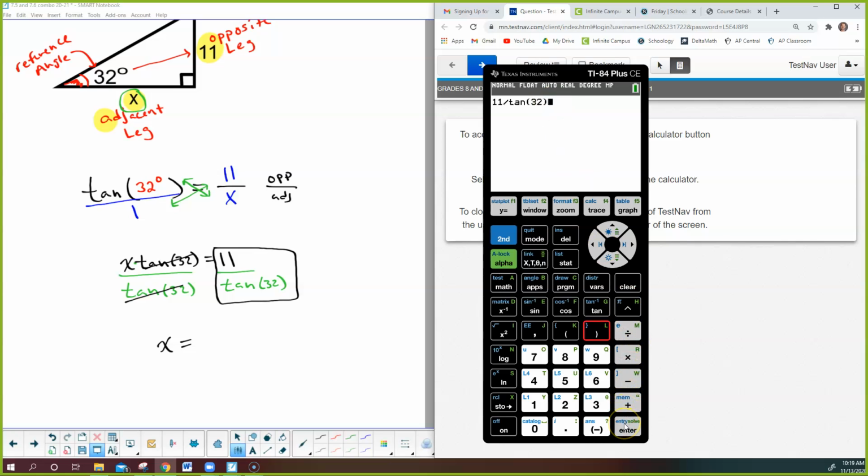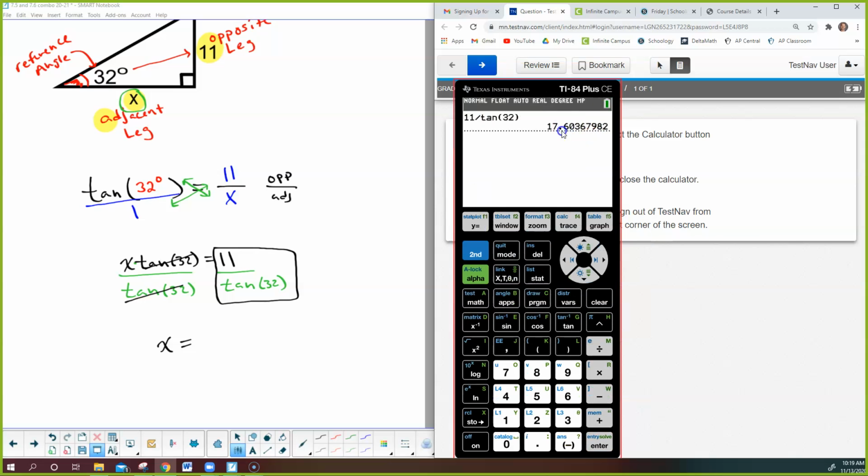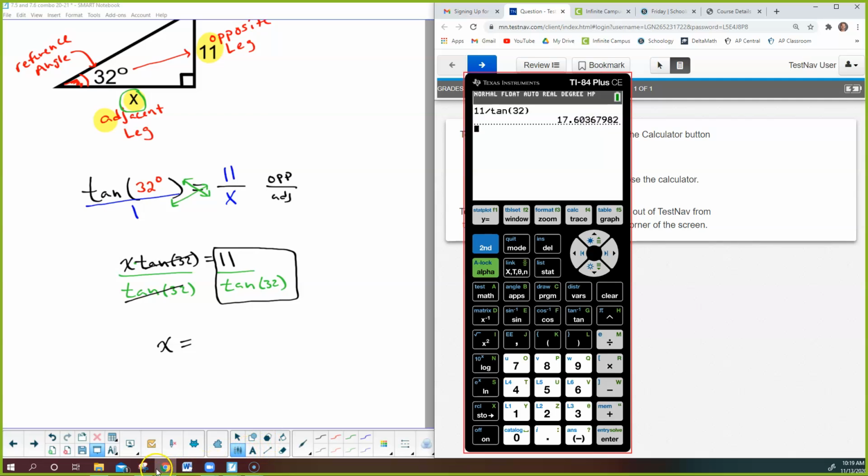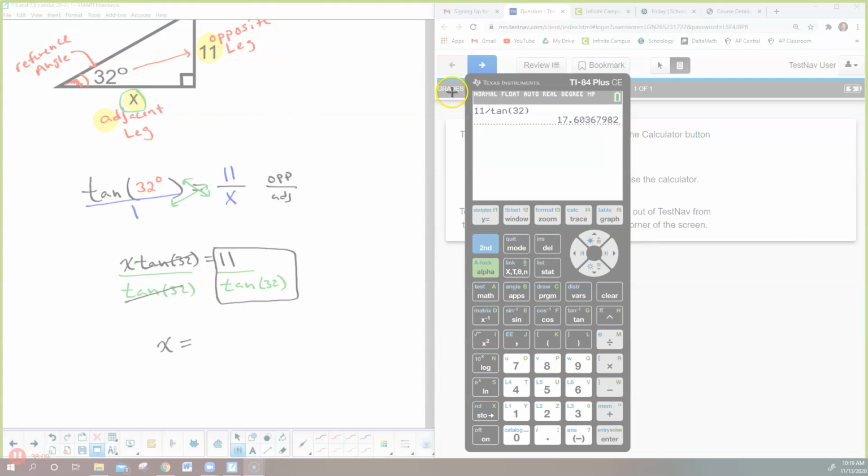All right, now, here's what you can do. If you do not get the exact same answer I do, 17.6036, that means your calculator is probably in the wrong mode, and we have to figure out how to get it into the right mode.